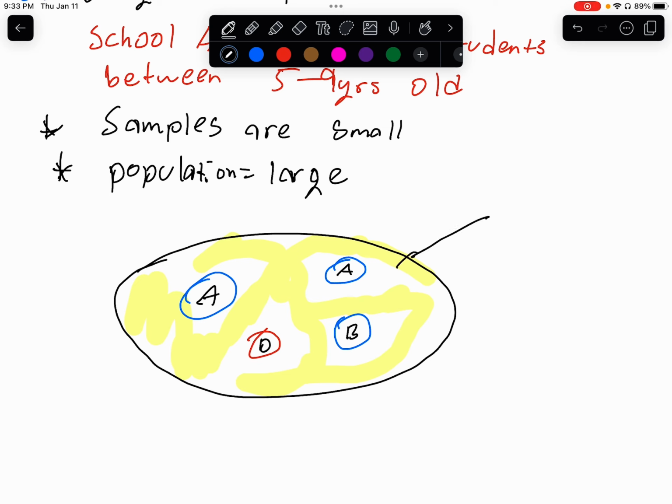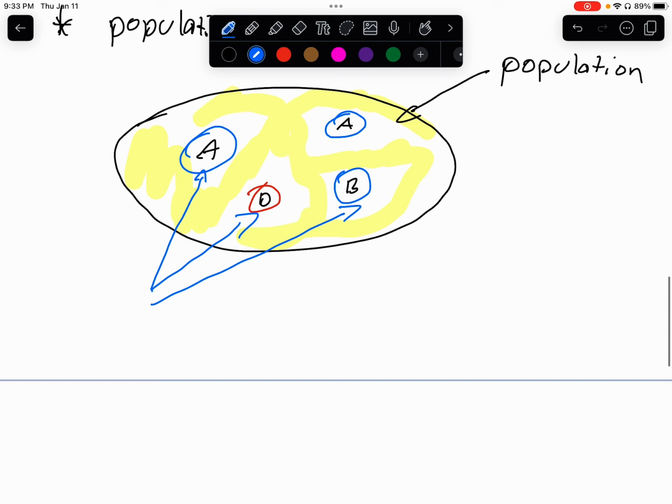The yellow is the population. Let's say it's the population of a lake. So the lake is the entire population. This is the whole city. And these little parts, let's say A, D, B, are samples which are part of the population. So as we want to do a sample, we make it a little bit smaller as we go.